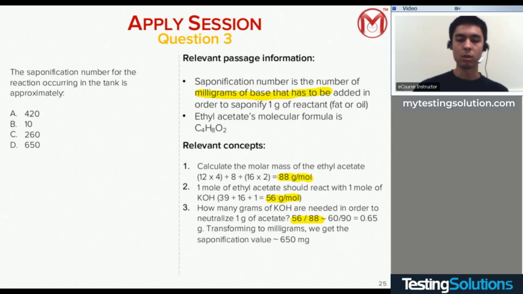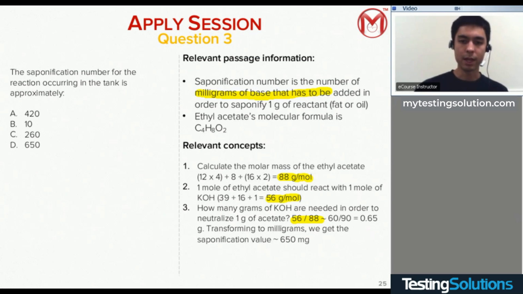So if we think about it, let's assume that they have the exact same molecular weight, that they're both 56 grams per mole. Then it means that I just need, in a weight ratio, 1 to 1, right? So it would be 56 over 56 equals 1. The answer would be 1,000 milligrams, 1 over 1.